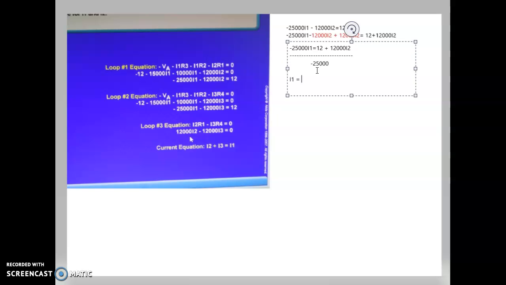But then we have to do the math. I'm going to show the math, but not the steps. I'm going to say 12 divided by minus 25,000, and that equals minus 0.0048. And because this is a plus, but it's being divided by a minus 25,000, that sign will take on a minus.